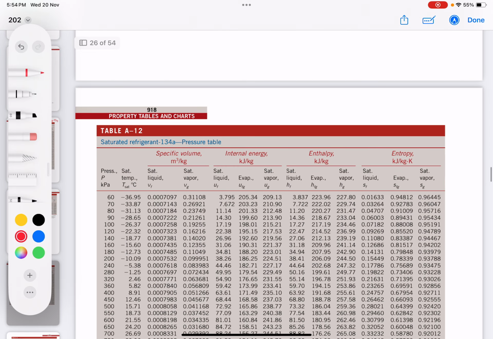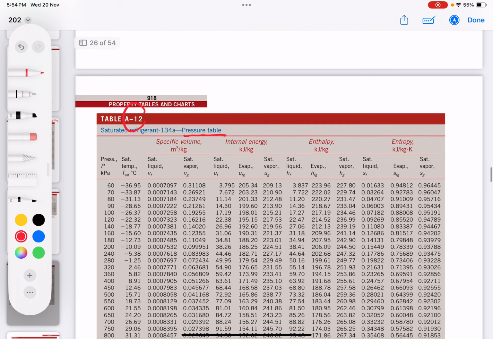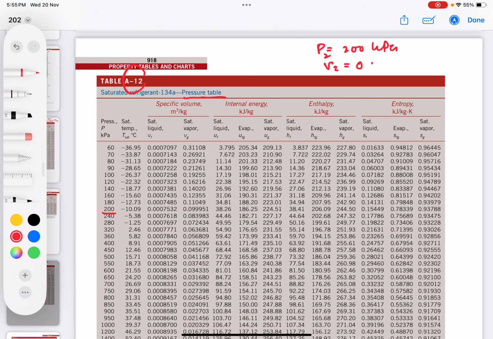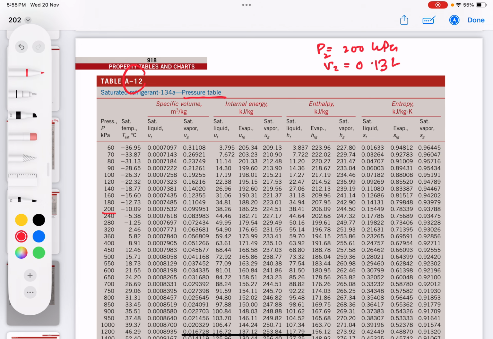Therefore, I have to use table A12 because A12 is a pressure table. So now my pressure was 200 kilopascal, P2, and the specific volume at state number 2 was equal to 0.1348 meter cubed per kg.